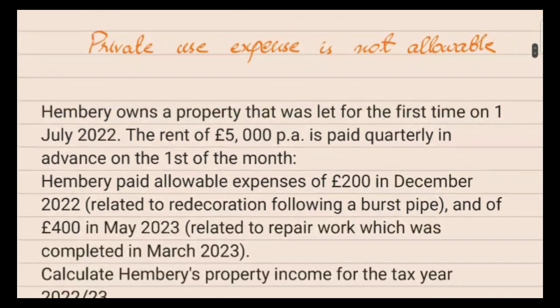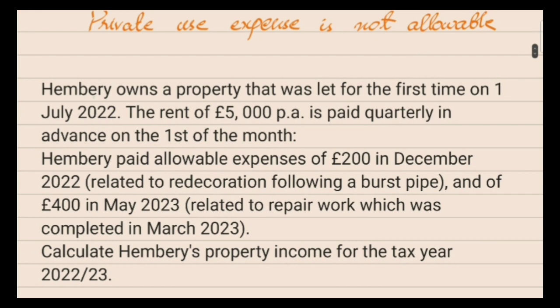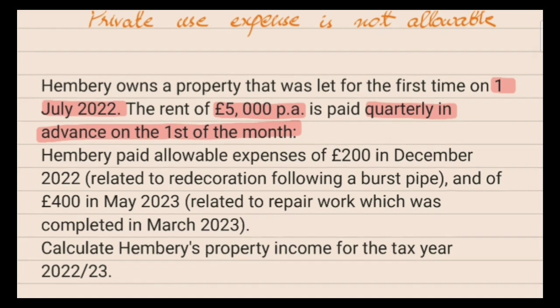Now question: Hamre owns a property that was let for the first time on 1st July 2022. Rent is 5,000 per annum and it is paid quarterly in advance on the first of the month. It means quarterly in advance is paid, so the first rent you pay on 1 July, second on 1 October, third on 1 January and fourth on 1 April.